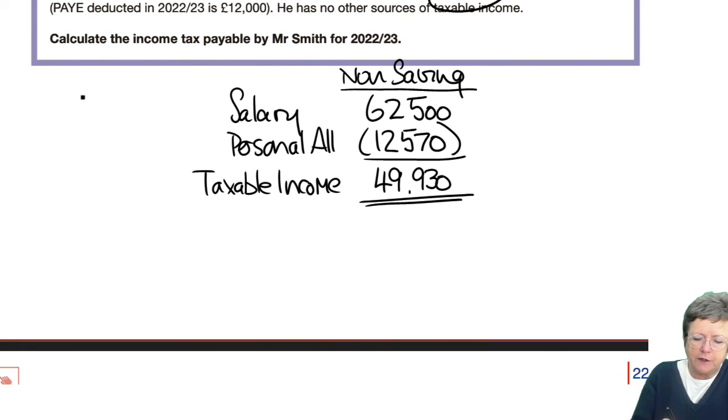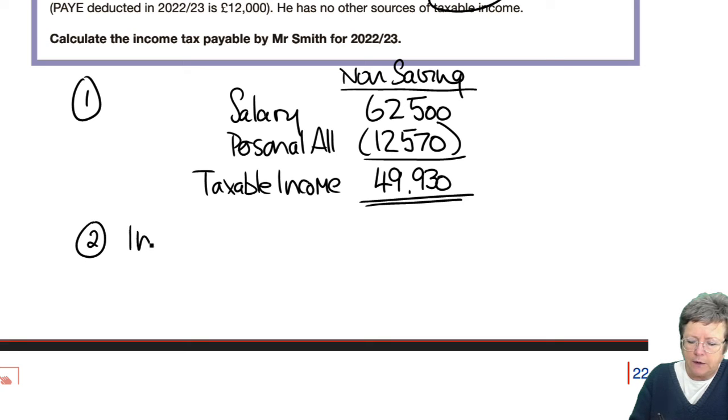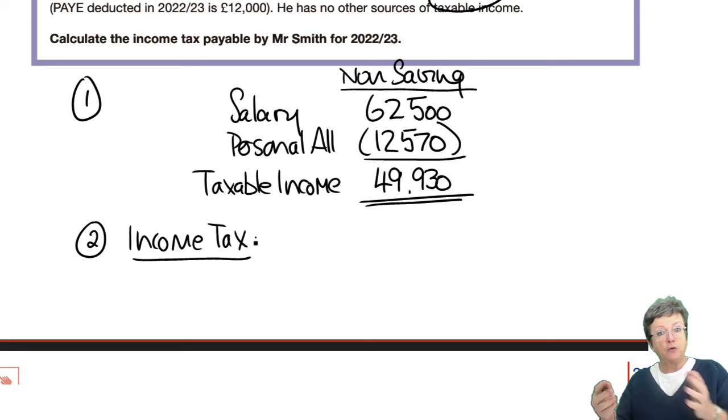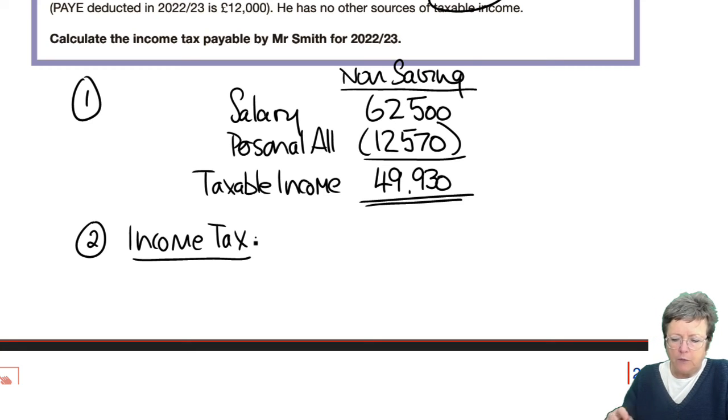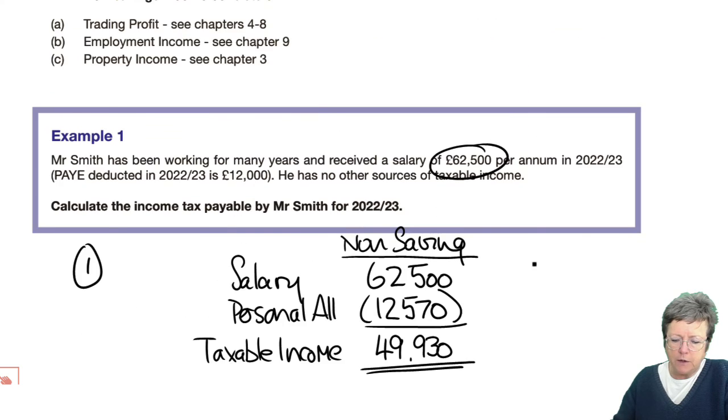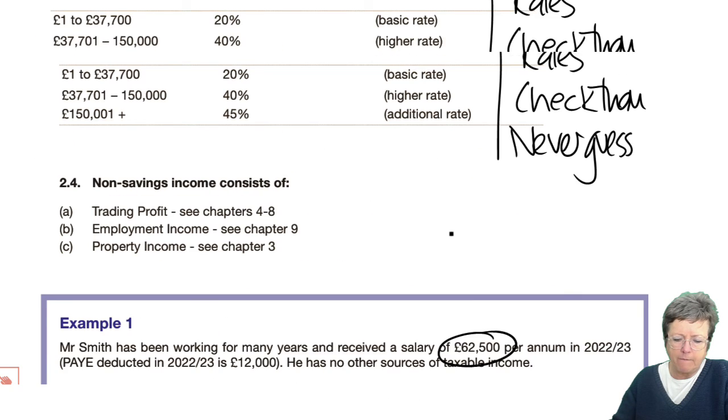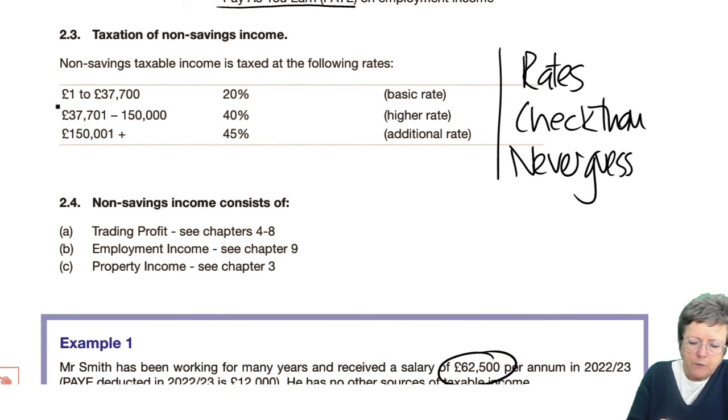Now, that's the first half. The second half, we now need to work out the income tax. Always put a nice little heading in so the examiner sees that you're on the next phase of your computation. Now, the rate, I'll go back up the page, up to 37,700.